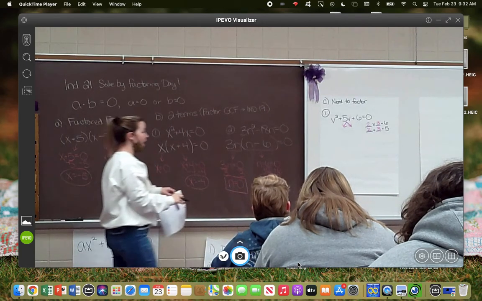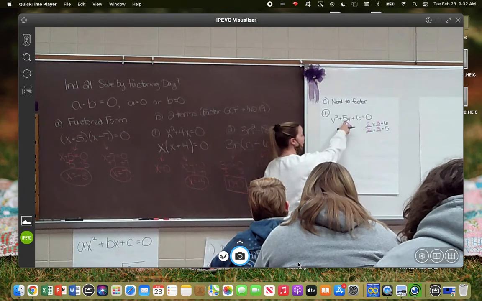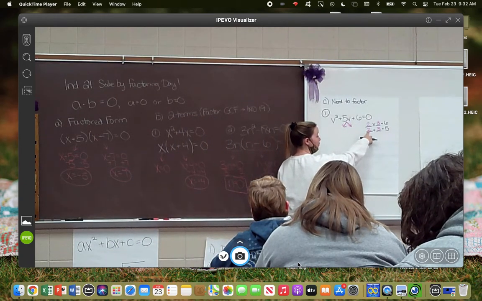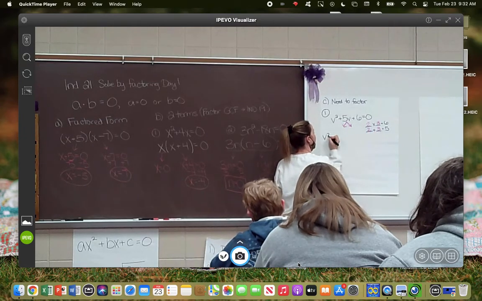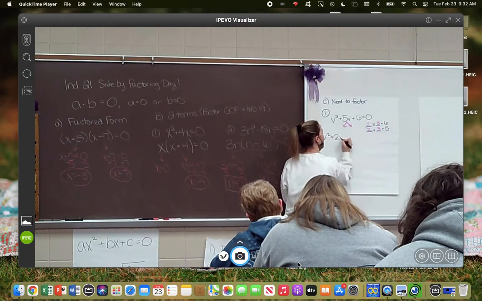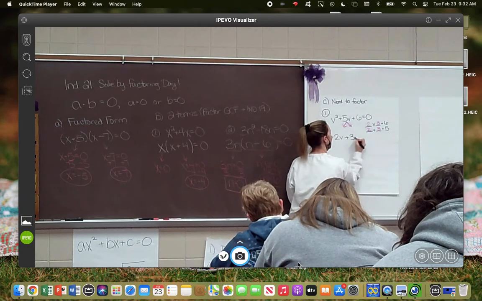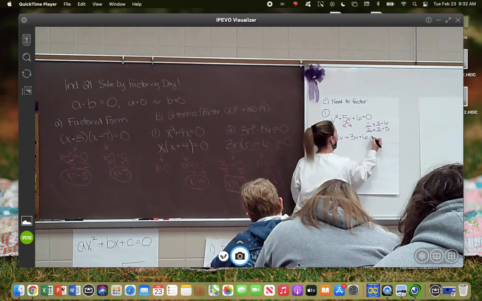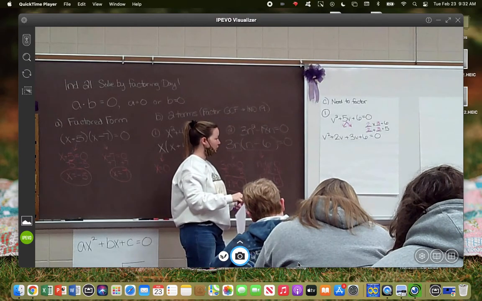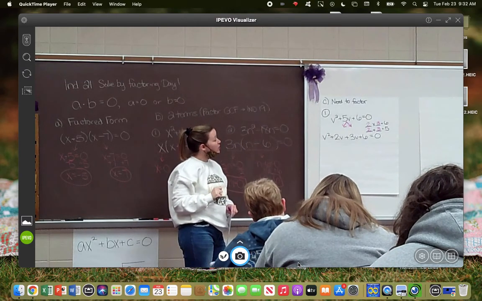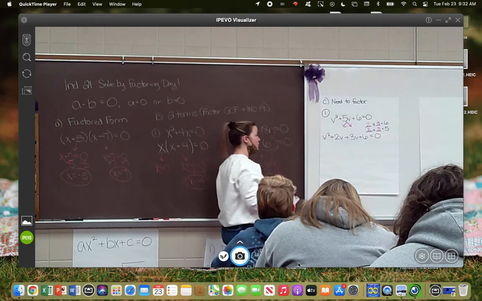So instead of writing 5v, we're going to write 2v plus 3v, because 2 plus 3 gives me 5. Can't forget that equals 0. It's still part of the equation. And then once we split this up into 4 terms, we can do our groups.